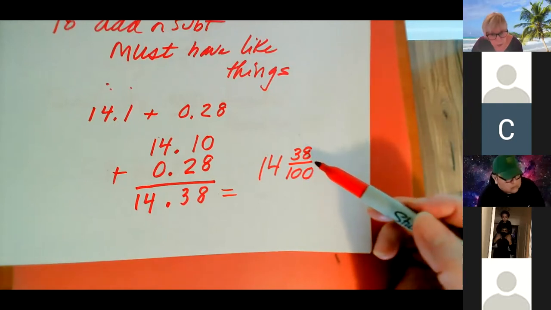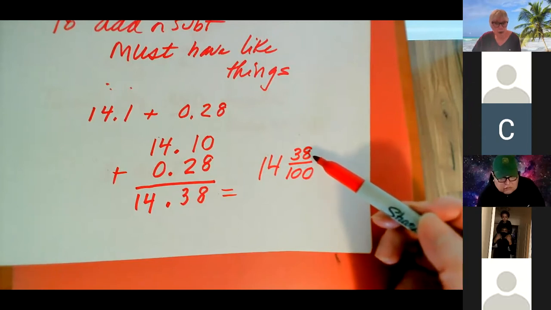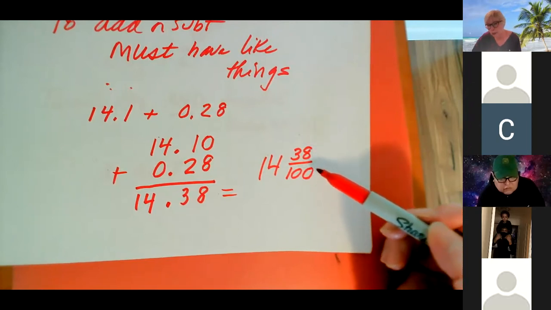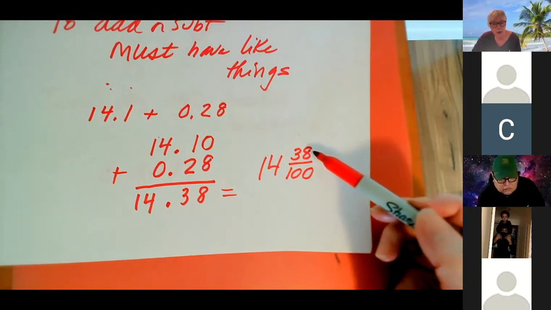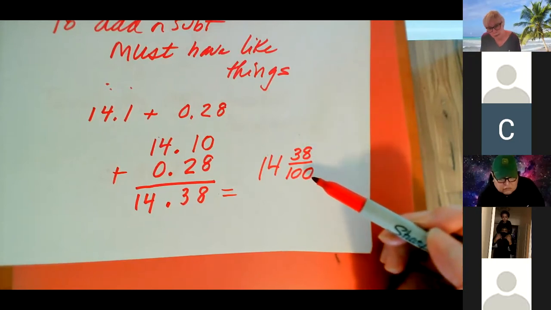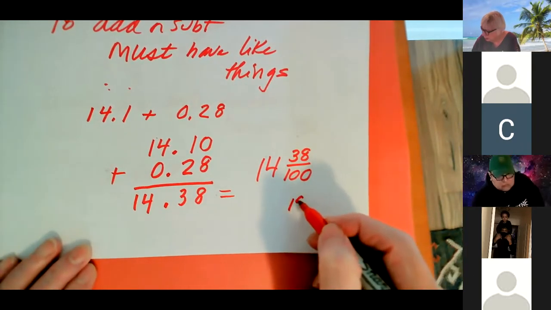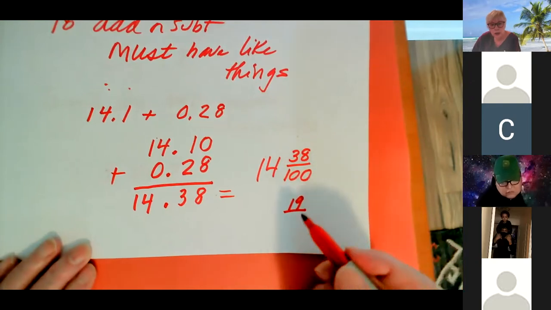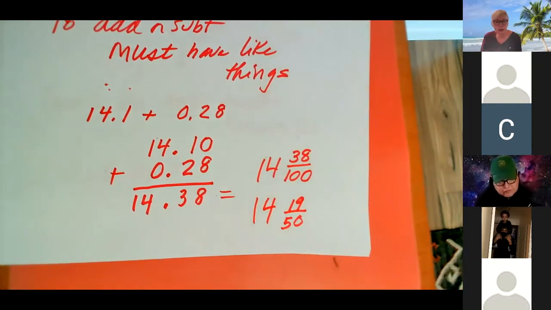So if you wrote it like this, then the minute you go to fractions, they're always assuming that you will reduce it. And so if that was the case, this would have to be reduced because both of them are even. So 2 goes into 38 19 times. 2 goes into 100 50 times. And so that would be the answer they would like if that was what they asked you to do.